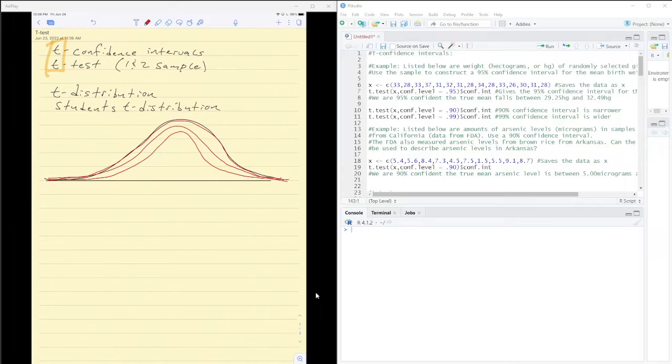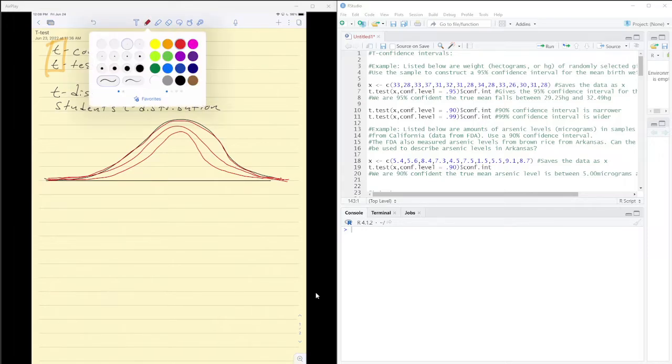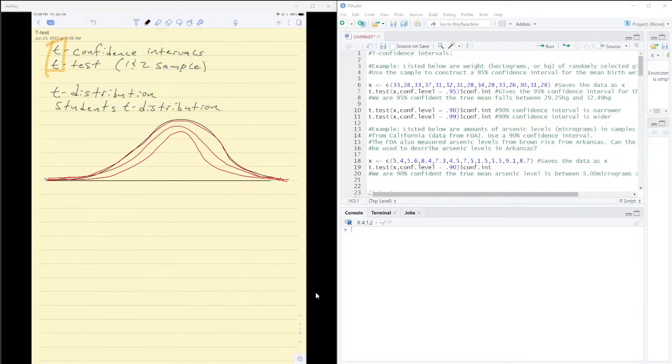Normal distributions we use to describe the distribution of a population. T distribution is used to describe a sample. So you take a sample, and from the sample, you can get the sample mean, the sample standard deviation, and then the sample size.